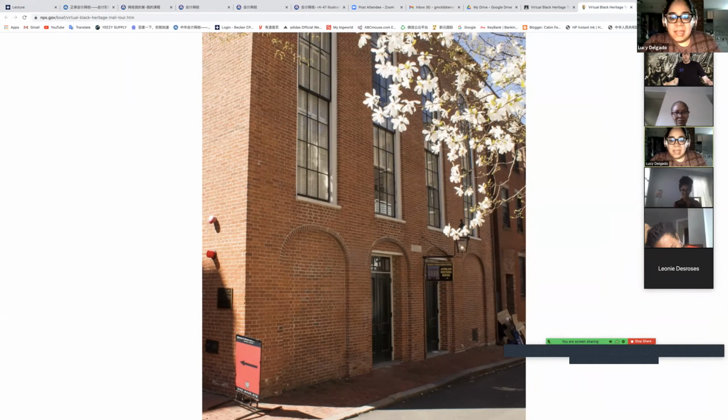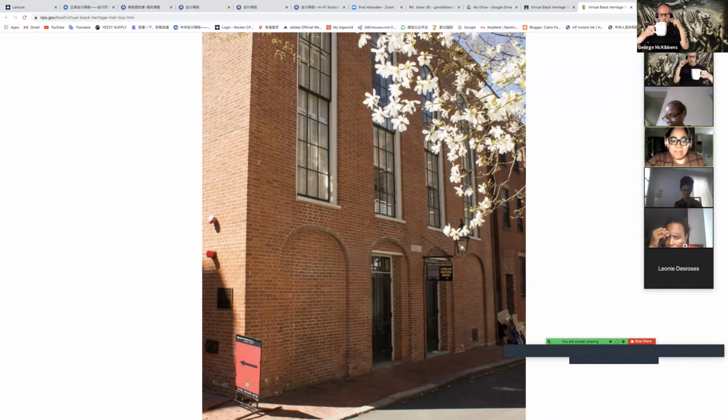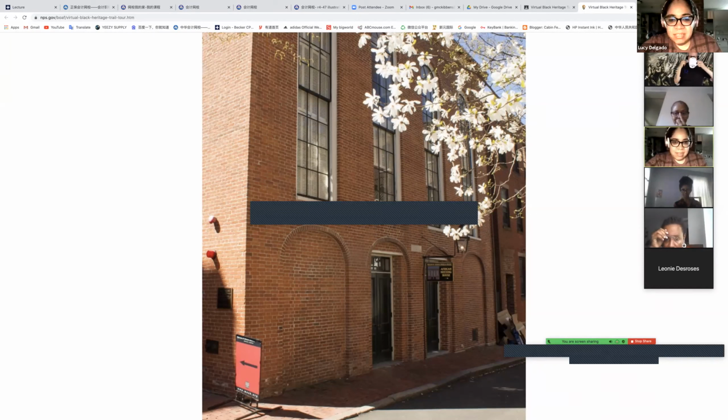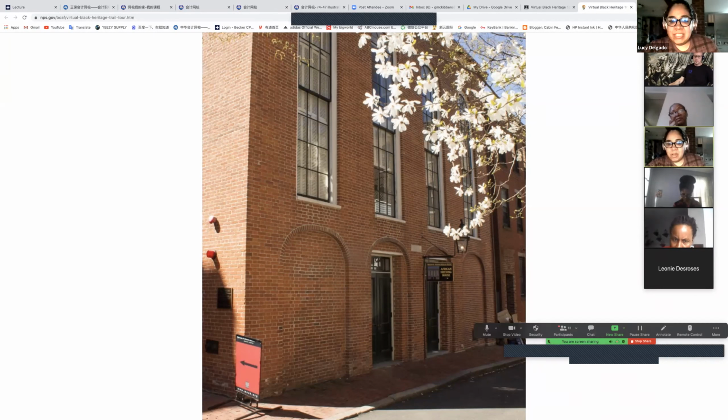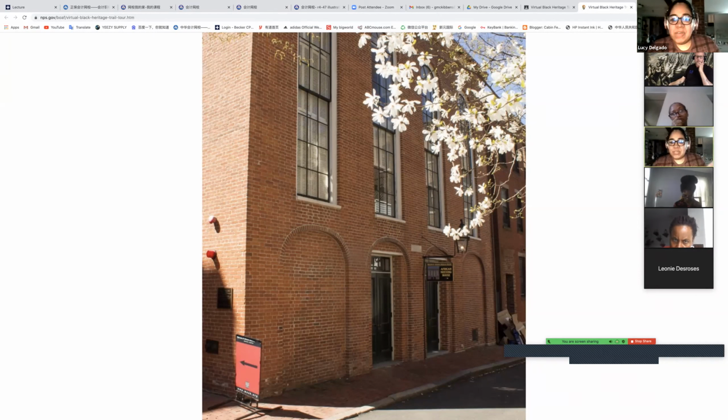In the 19th century, in 1809 to be exact, a lot of things happened in this place. Firstly, this place was a Baptist church for the African community. And then this church converted to a school that helped a lot with the education of the African community.